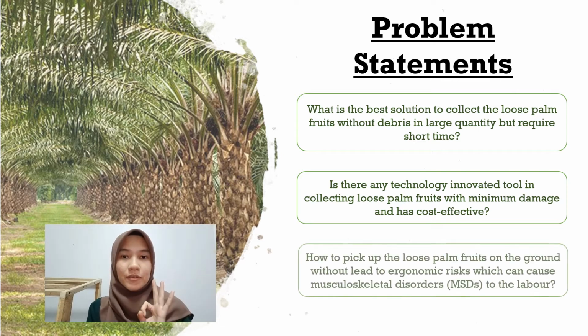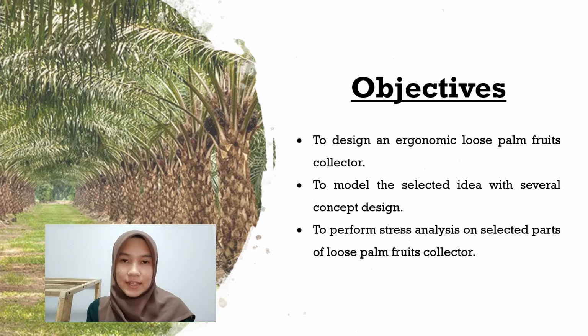And third, how to pick up the loose palm fruits on the ground without leading to musculoskeletal disorders. Next, the objectives of the project are to design an ergonomic loose palm fruits collector, to model the selected idea with several designs, and to perform stress analysis on the selected parts of the loose palm fruits collector.